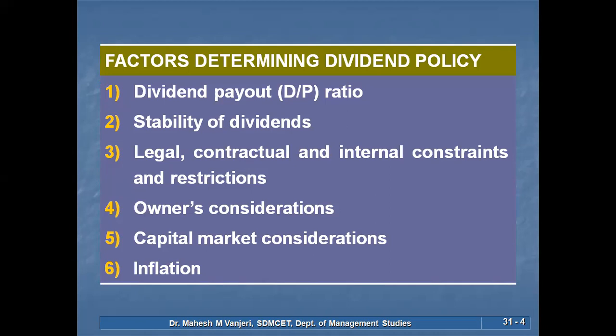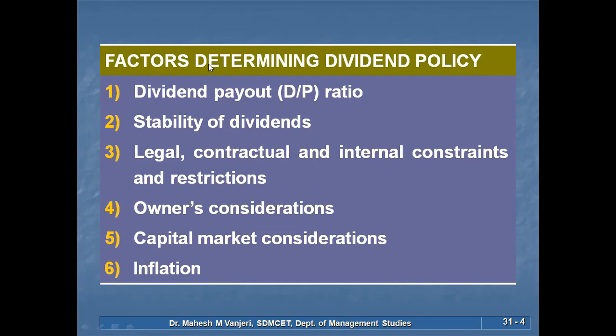Again, it is affected by these factors. If the company decides to pay dividend, which method to use to pay out the dividend? This decision is also affected by factors like these. I hope you are able to understand in brief how these factors affect the dividend policy or dividend decisions.